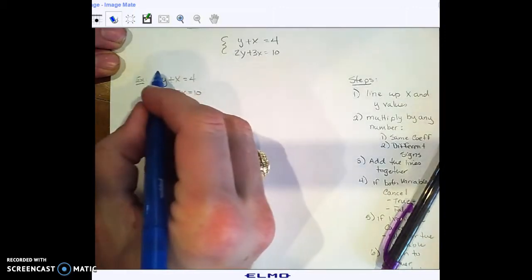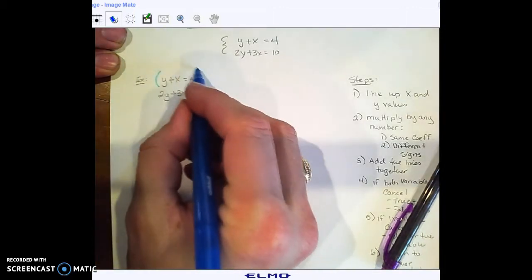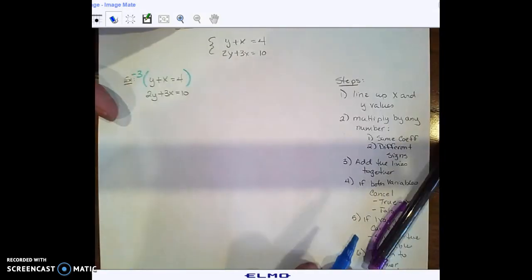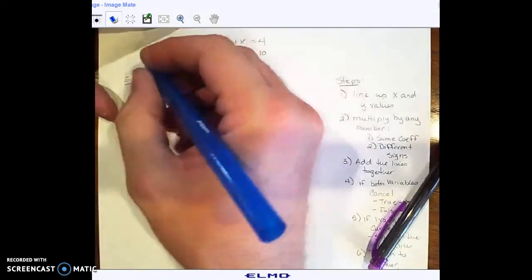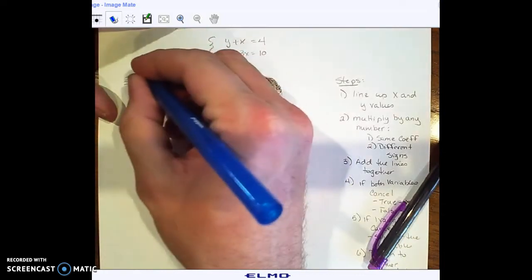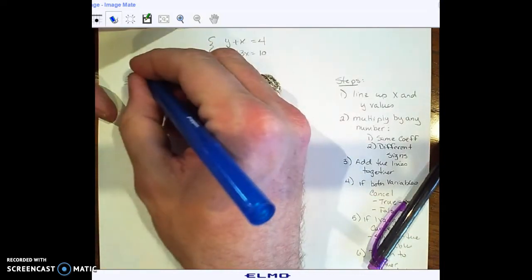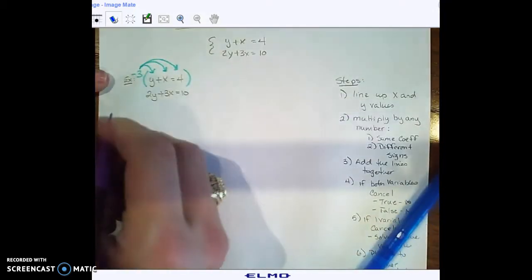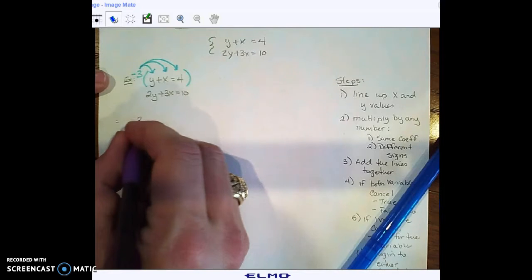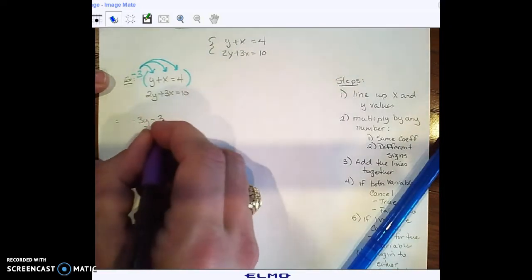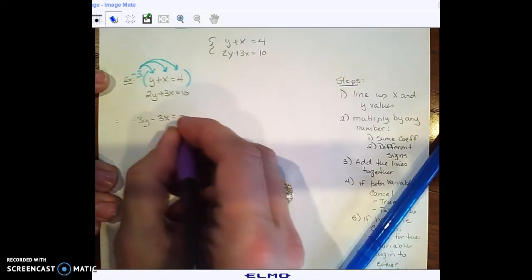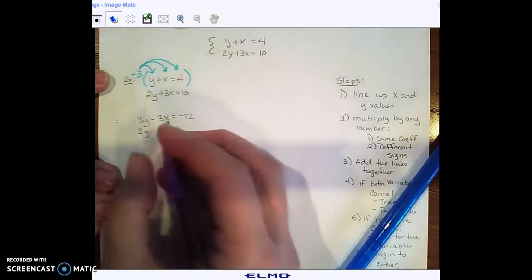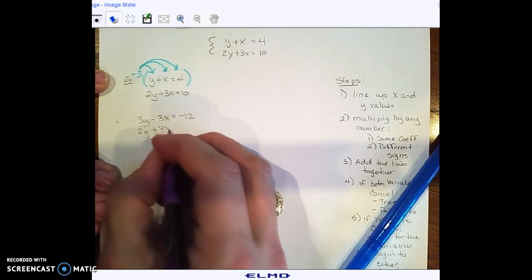That means this entire top line, I'm going to multiply by negative 3. So I need to multiply this negative 3 by this y, this x, and this 4. What that's going to look like is negative 3y minus 3x equals negative 12. And the second equation stays 2y plus 3x equals 10.